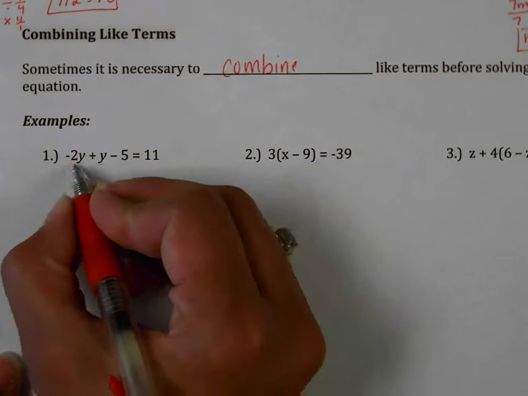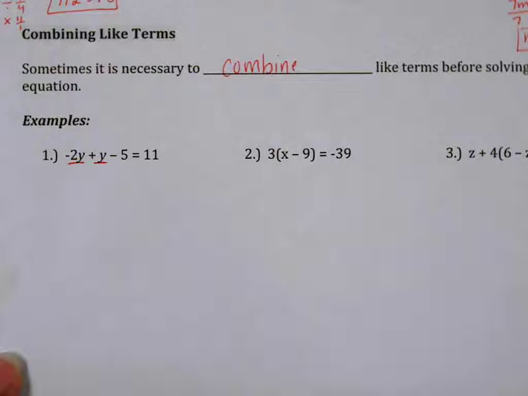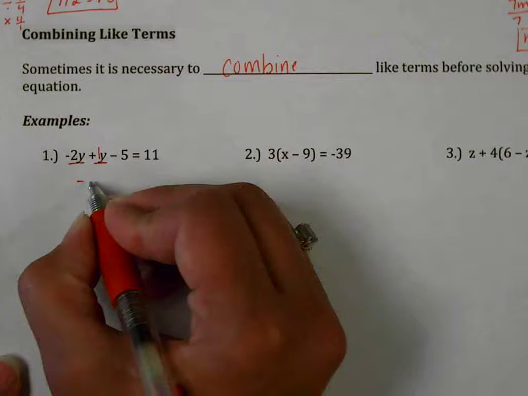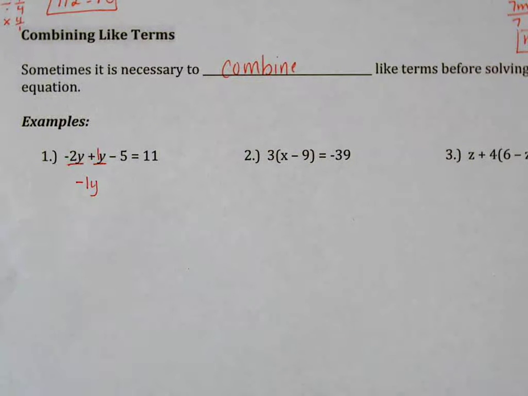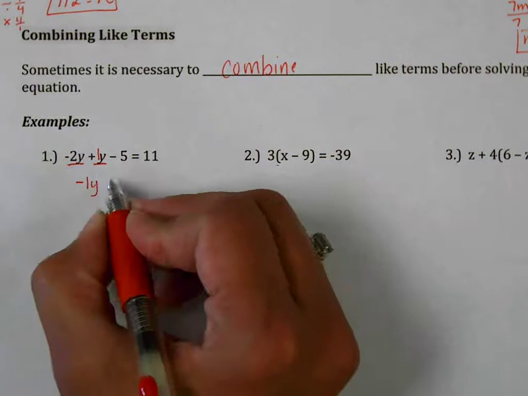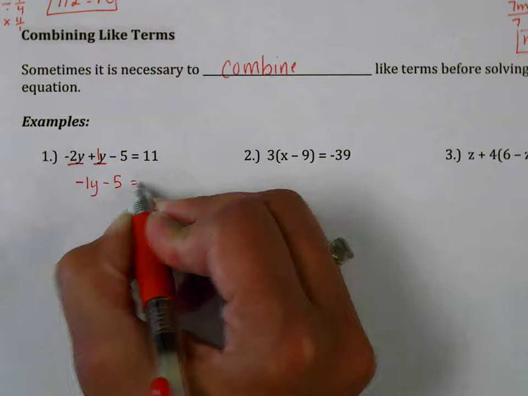Our like terms here are negative 2y and y. So negative 2y plus 1y, negative 2 plus 1 is a negative 1y. We usually don't put the 1 in front of it, but it's okay. Bring down the rest of the problem.